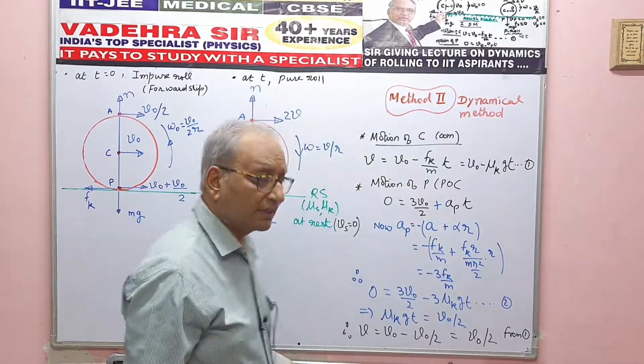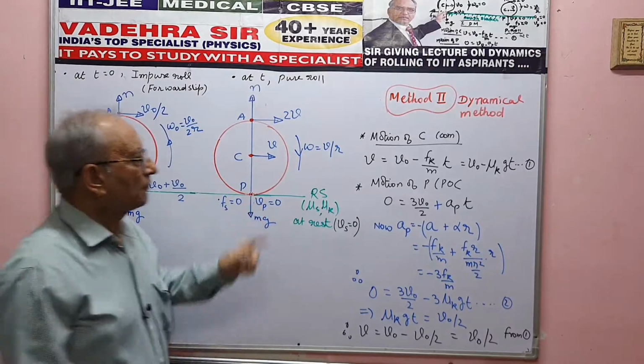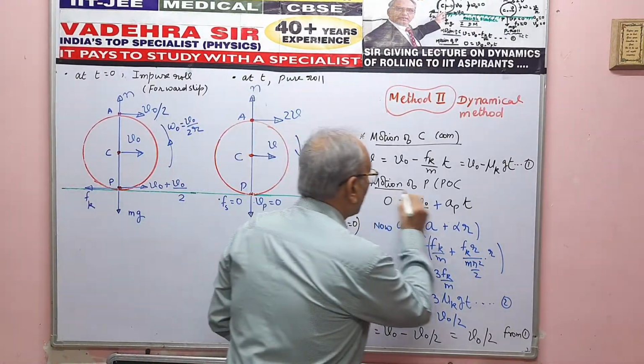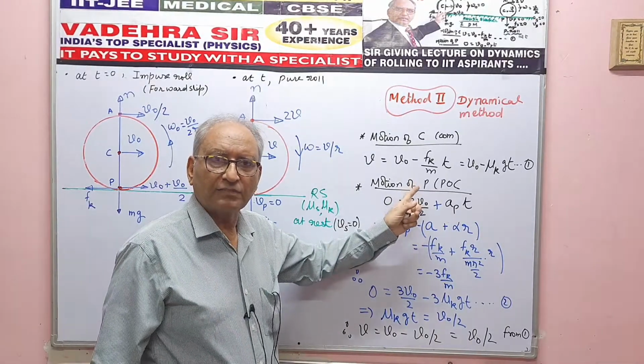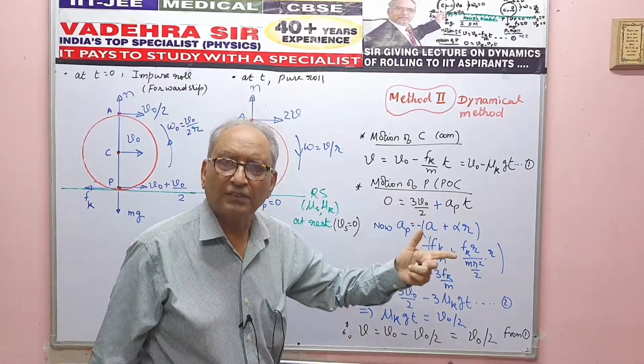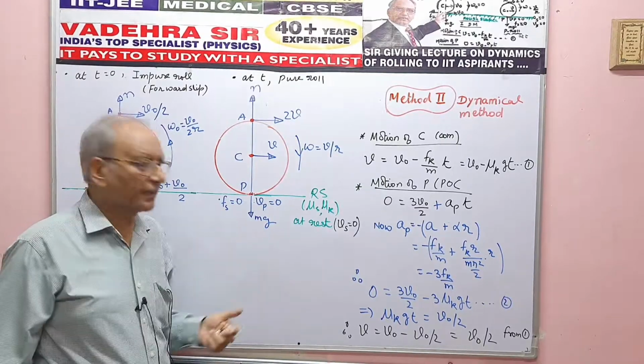Now let me frame the equation for the motion of point of contact. For the motion of point of contact, the point of contact acceleration, in fact retardation, will have two parts, one due to translation and one due to rotation.